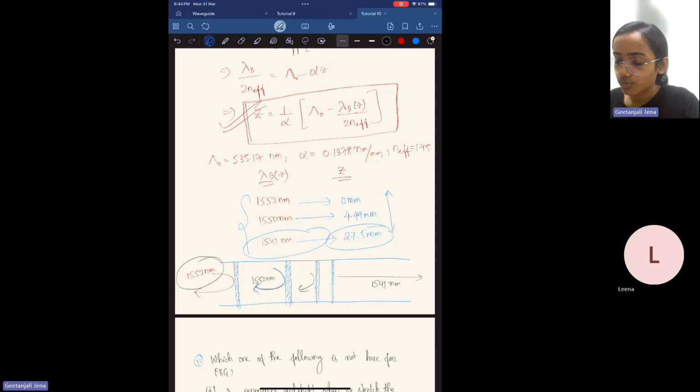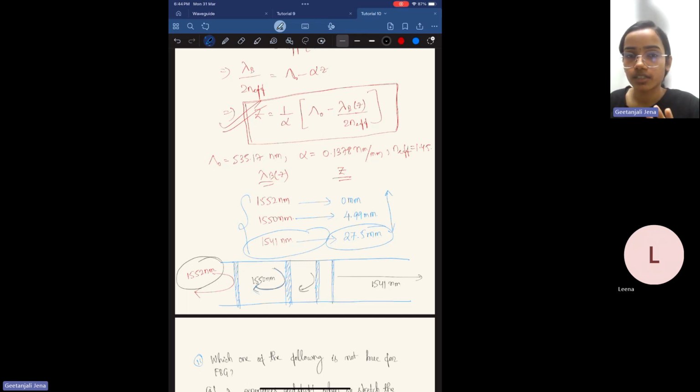So this can be used to compensate dispersion. Consider a situation where the higher wavelength is moving faster than the lower wavelength. For that case, this type of chirped fiber grating will decrease the speed of the higher wavelength, because it is getting reflected at the input end, right?